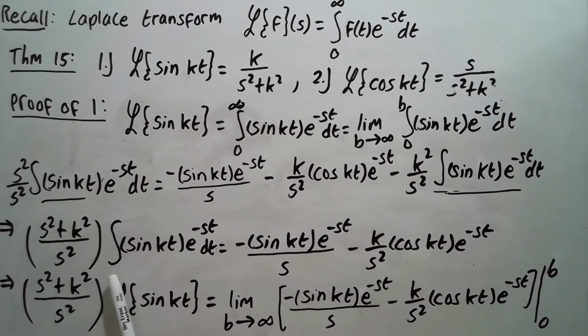On this side, letting the limit go from 0 to b and letting b go to infinity, we just change it to the Laplacian of sine of kt. And then here will be this guy, the limit as b goes to infinity, evaluated at 0 and b. So I'm going to put b in place of t, then 0 in place of t, and work it out. I'm out of space here, so let me erase a few things and we'll keep going.